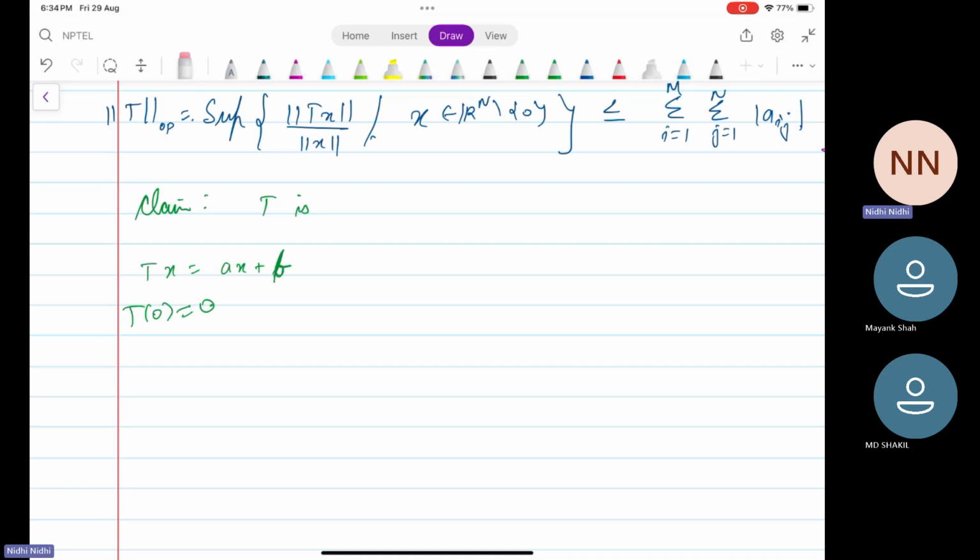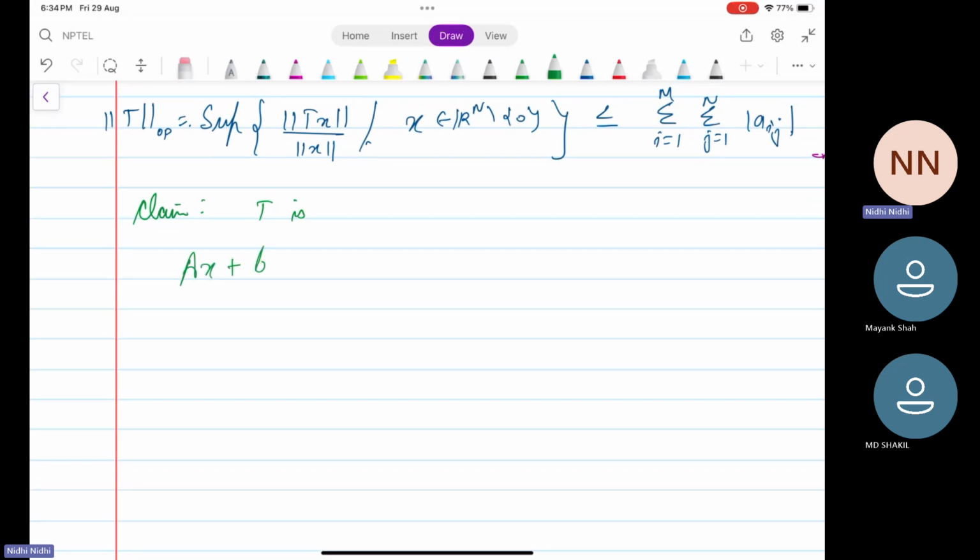But right now here, the linear map means the linear transformation. Then only can we find the matrix. Otherwise we'll have some ax plus b type of form. Yes, consider it to be a linear transformation.